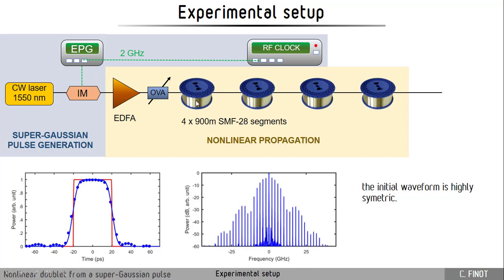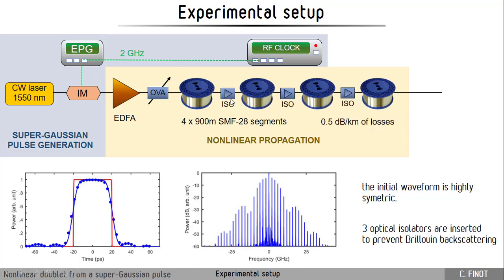We have chosen to use 4 spools of this fiber because we wanted to insert an optical isolator between each spool. It slightly increased the level of loss, but the motivation was to avoid the buildup of Brillouin backscattering.